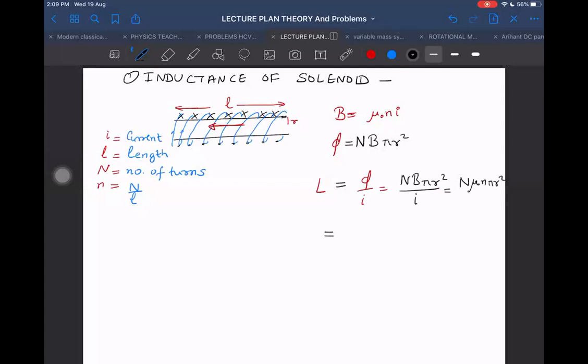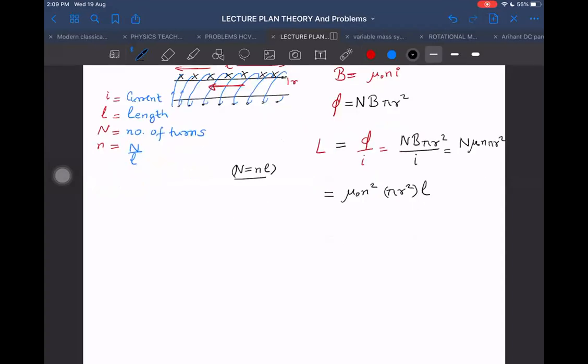But capital N can be written in terms of small n, so I will prefer to write it that way, small n square, by using the formula that capital N is small n into L. I used it to get this answer, and it makes it easier to remember also.